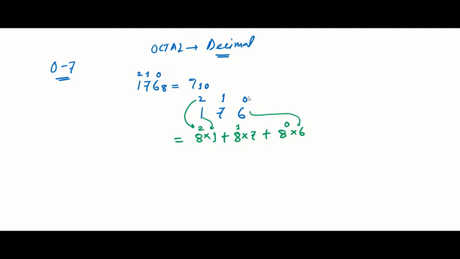So 6 comes here, 7 comes here, and the others are the positions. 8 to the power 2 is 64, and multiplying with 1 hardly changes anything, plus 8 to the power 1 is 8, 8 into 7 is 56, plus 8 to the power 0 is 1, 1 into 6 is 6. Now if we sum it up: 6 plus 6 is 12, 12 plus 4 is 16, carry 1, and 5, 1 gives 6, 6, so 64 plus 56 plus 6 is 126. This is the equivalent decimal number of this octal number. Let us check with the calculator.